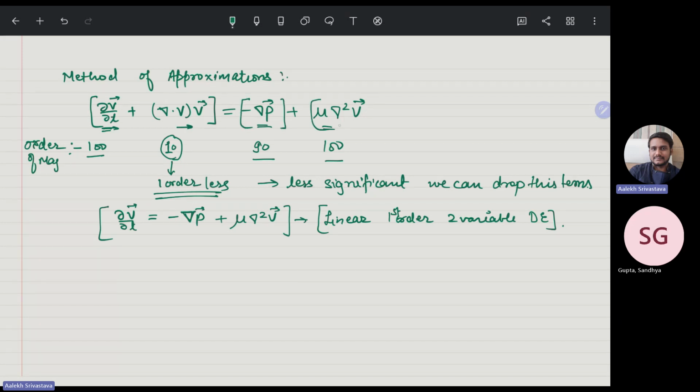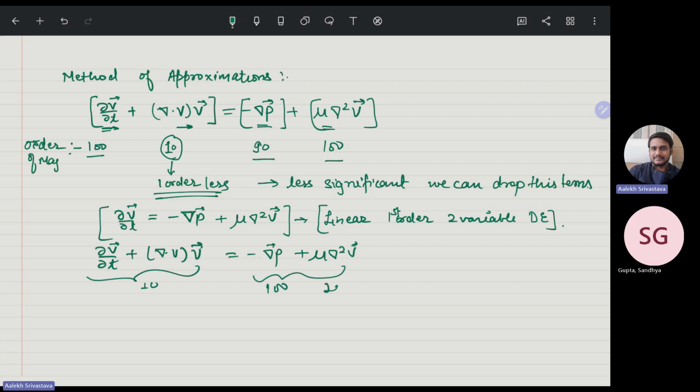If this whole term goes away, then these two terms will give a one-dimensional equation. So suppose I write del v by del t plus gradient of v is equal to minus grad of p plus mu of grad square v. Now, if I say that this is of order of magnitude 10, and this is 100 and 100, we can drop this whole term, since it is of no importance compared to this term.